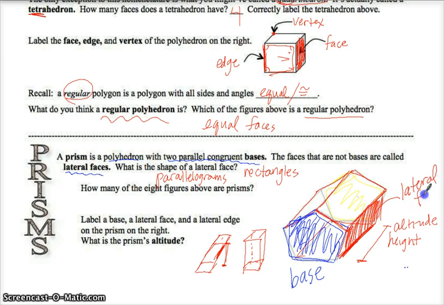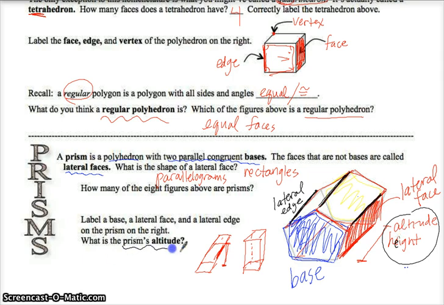This is our lateral face. And a lateral edge, that specifically is just going to be any of these pieces here, which basically is your altitude or your height in this case.